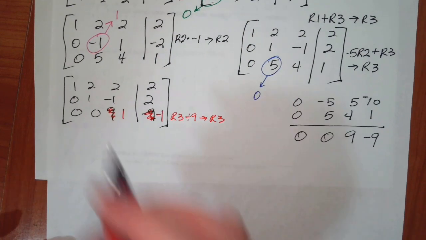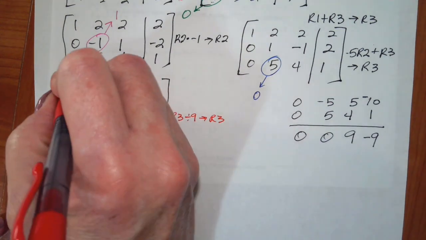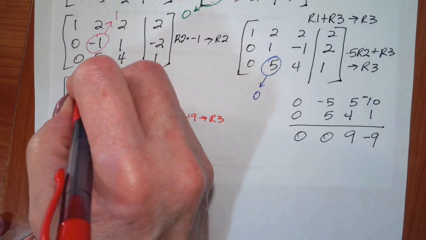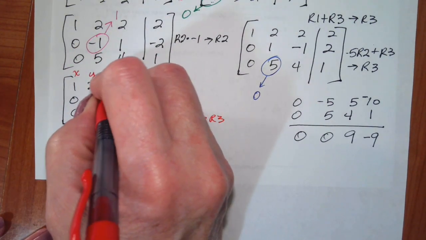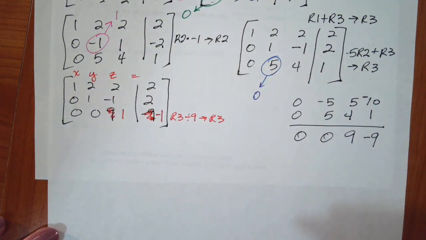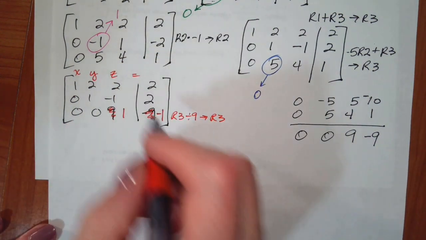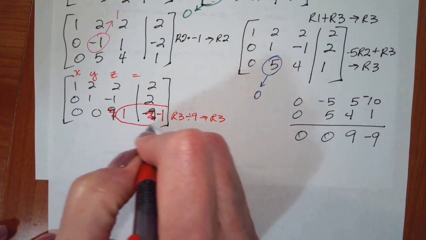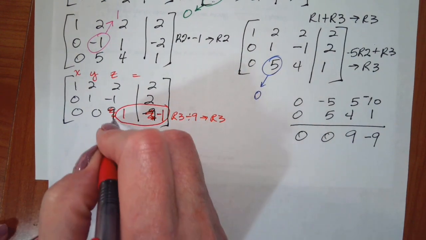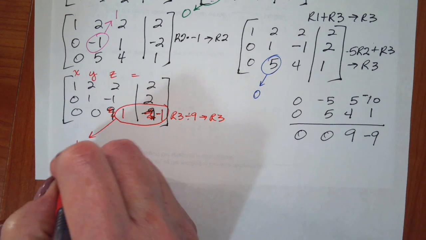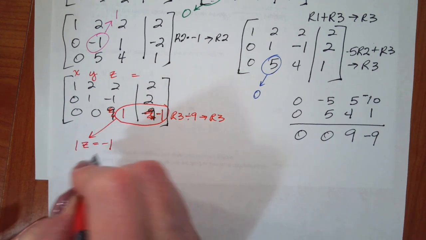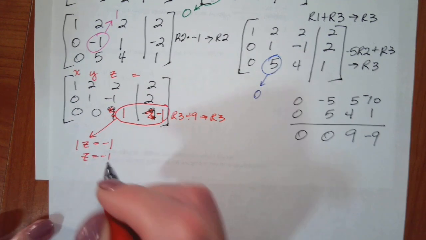Well, I want to remember now what this is. These are my coefficients of x, these are my coefficients of y, these are my coefficients of z, and this is what it's equal to. So this row here tells me that 1z is equal to negative 1, or just z is equal to negative 1.